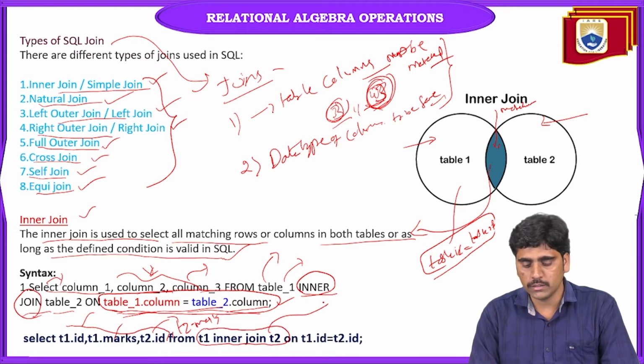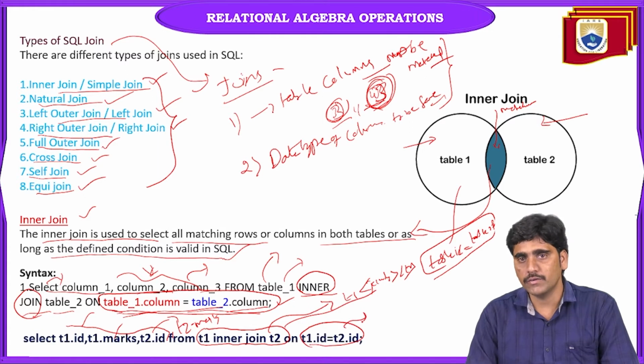Here you can see table 1, join type and table 2, and last is the condition: on t1.id equals t2.id.